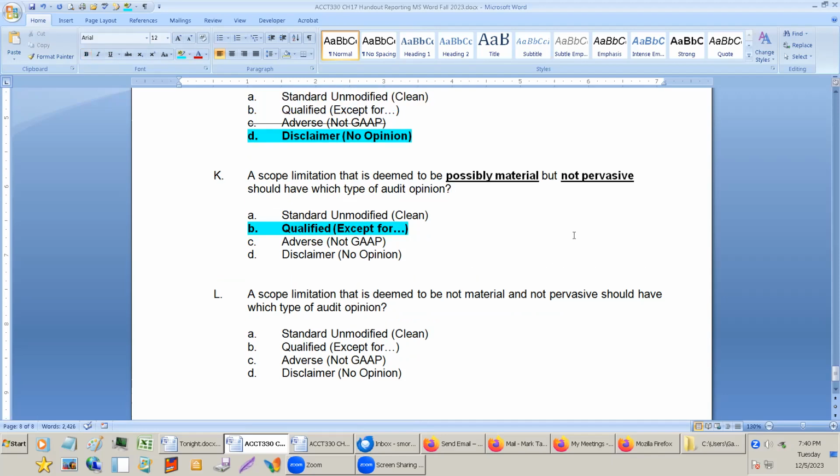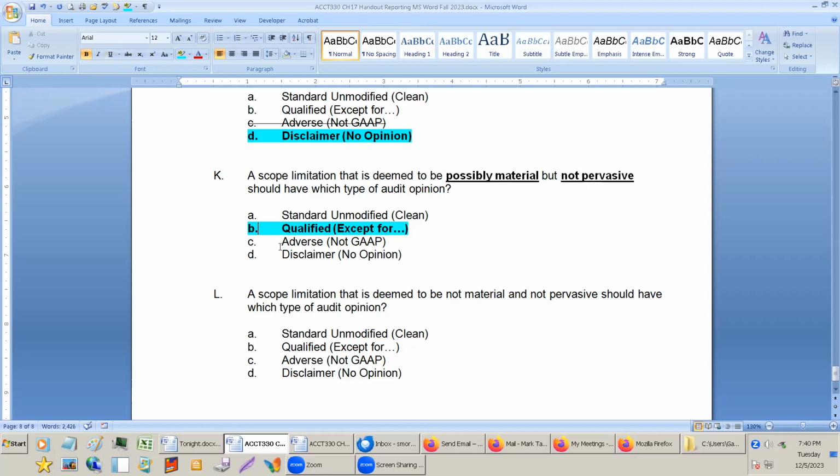Qualified opinion means there's this one thing we don't know about, or there's one thing that's misstated. The financial statements can be relied upon, but we're going to give a qualification, except for this that we couldn't verify. We assume possibly that this material misstatement does occur, but even if it does, it's not pervasive.